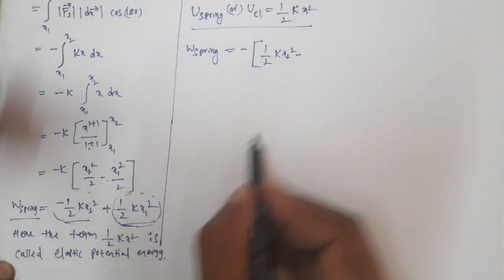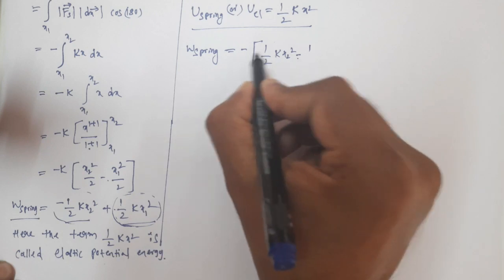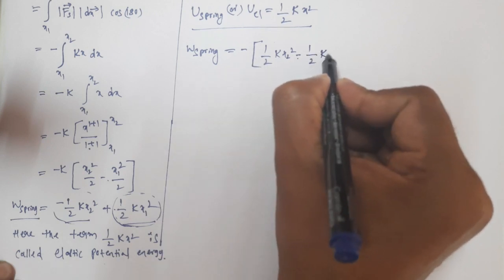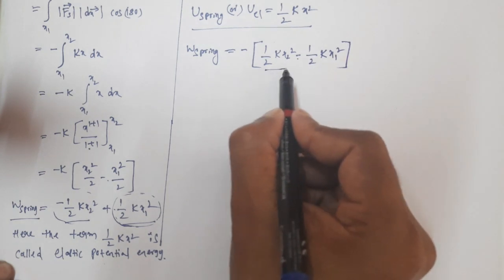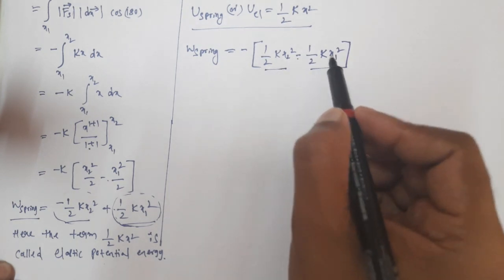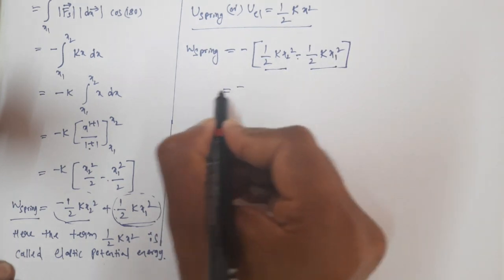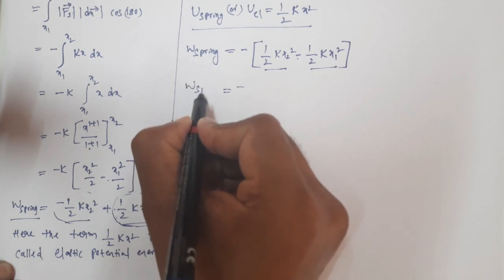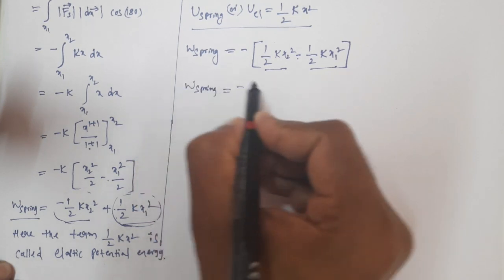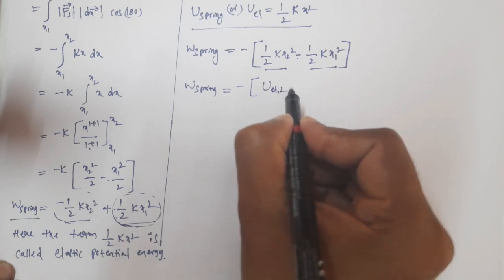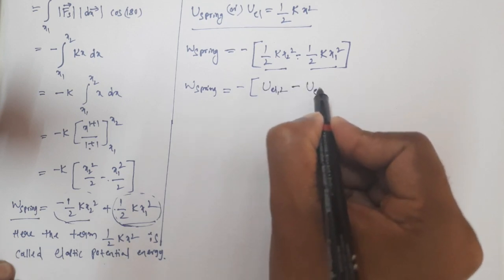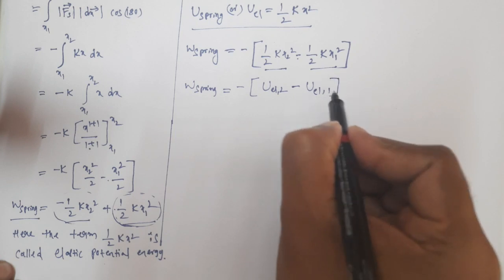Minus and minus, if we take minus and minus, it becomes plus of kx1 square. Now what is this? This is the final elastic potential energy and this is the initial elastic potential energy. Minus work done by spring is equal to final elastic potential energy minus initial elastic potential energy.